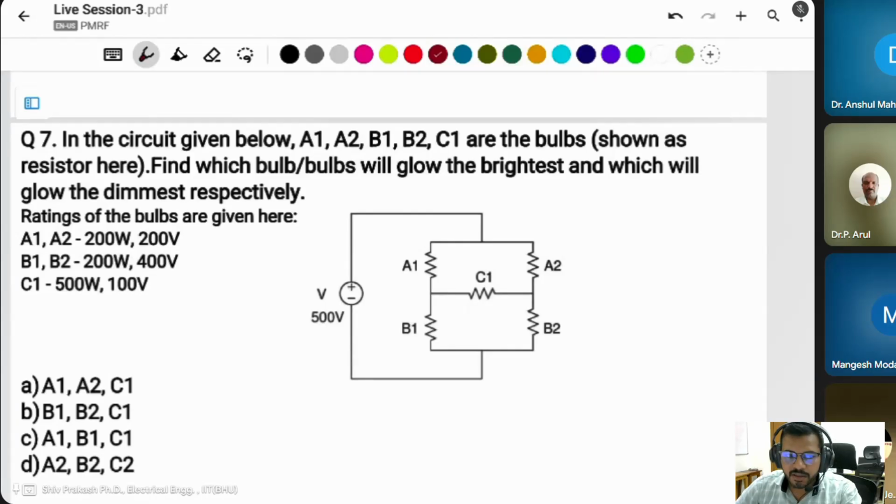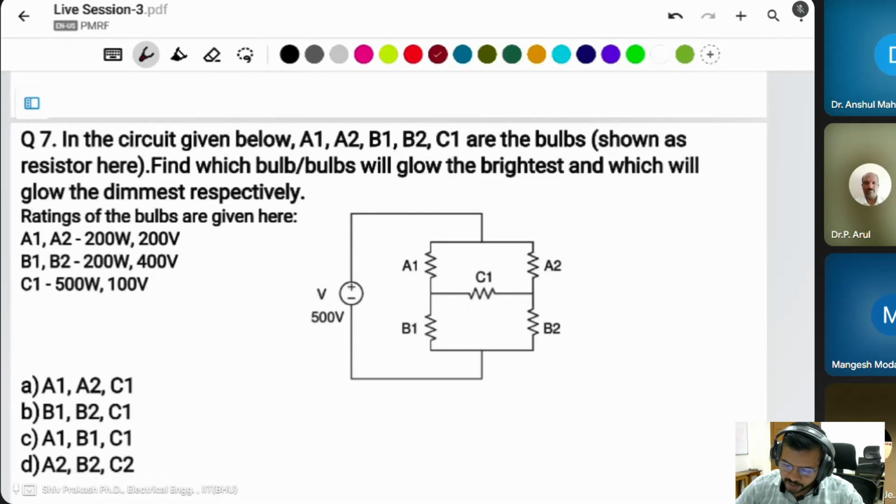All depend on the power. The bulb with more power delivers more energy, so it will be the brightest. If there is low power, then it is the dimmest bulb.